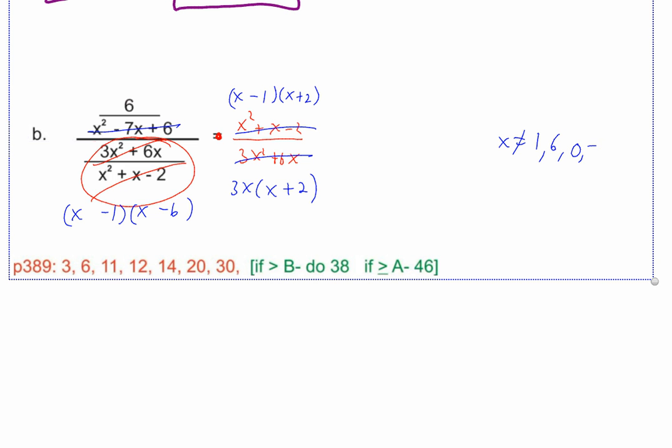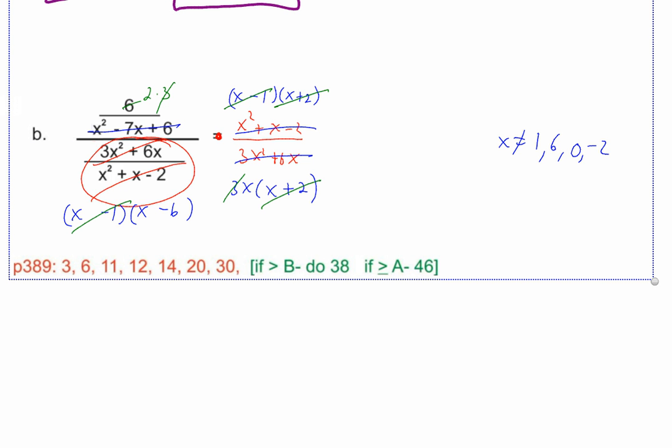And then -2. Right? 0 comes from really just the x. Okay, divide out common terms. All right, let's get rid of the x minus 1. Let's get rid of the x plus 2. And oh yeah, this 6. Those 3's can divide out.